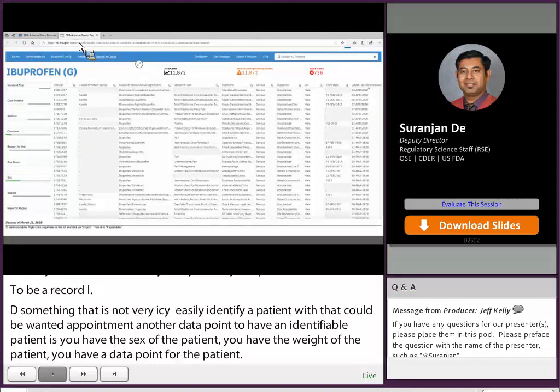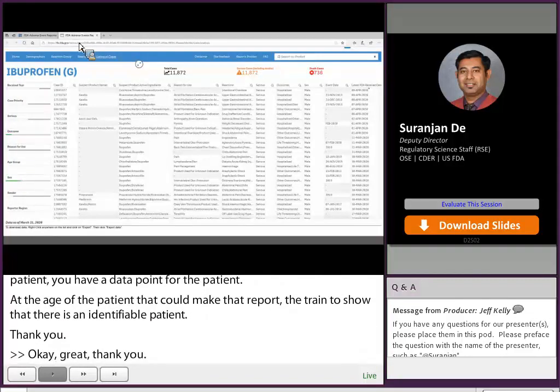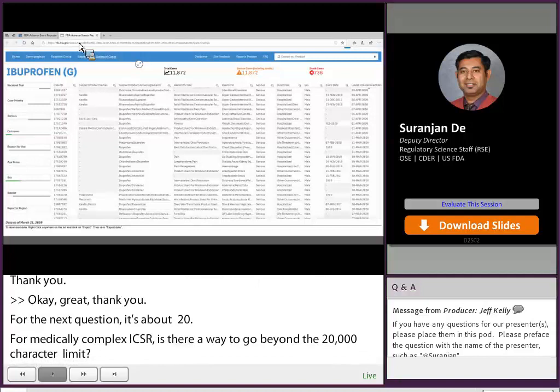Okay, great. Thank you. So the next question is about the ICSRs. For medically complex ICSRs, is there a way to go beyond the 20,000 character limit? Unfortunately not. The 20,000 character limit is a limit that has been defined by ICH, the International Council for Harmonisation.